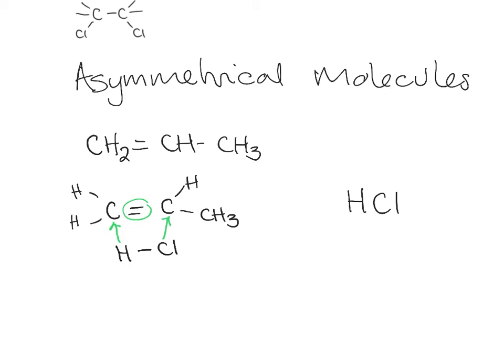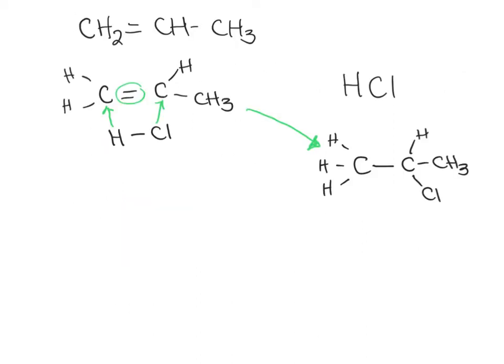And we end up with, I draw this in a green arrow because I'm going to show you something else in a different colour in a moment. So for the green arrow, we're going to end up with a carbon and 3 hydrogens, single bond, then a carbon, hydrogen, our CH3, and our chlorine. Now there is another possibility for this molecule.